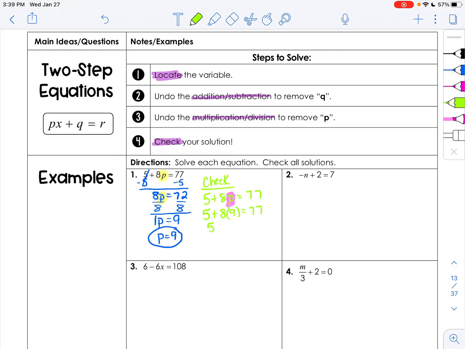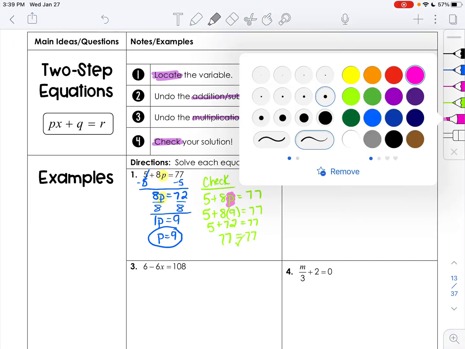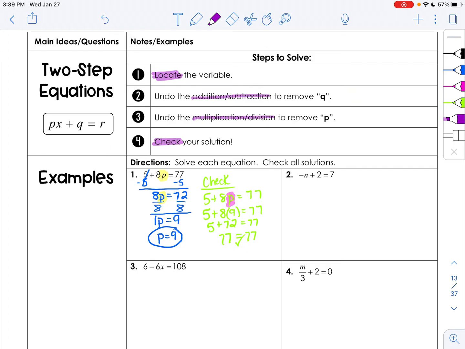So that's 5 plus 72 equals 77. 5 plus 72 is 77, so 77 equals 77, which is a true statement. So that's how I know my answer, p equals 9, is the correct answer.